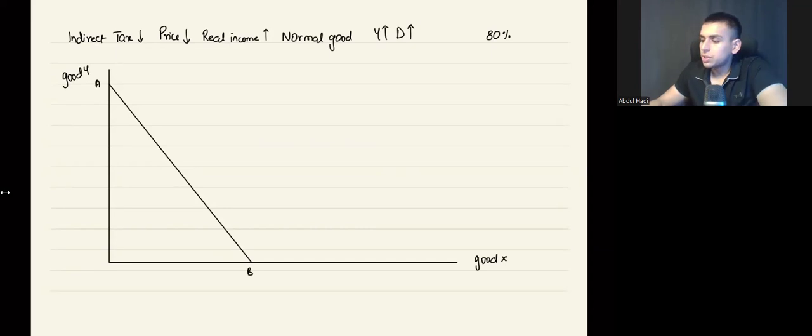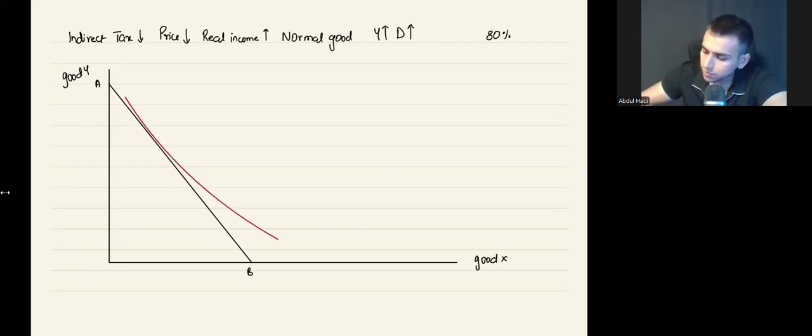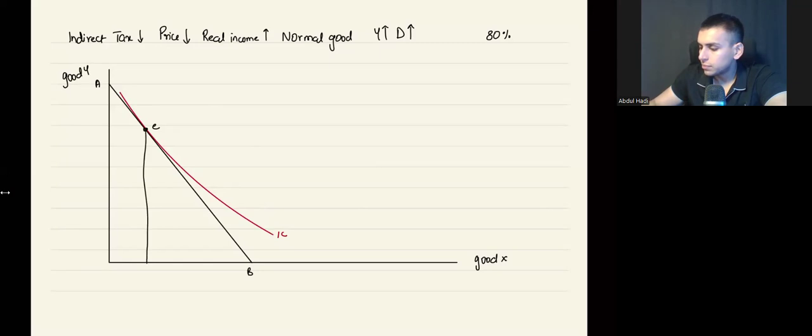At this initial budget line, there will be an indifference curve creating an equilibrium like this. And this is your initial equilibrium, that is point E, and quantity X.